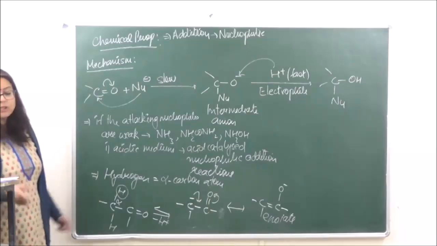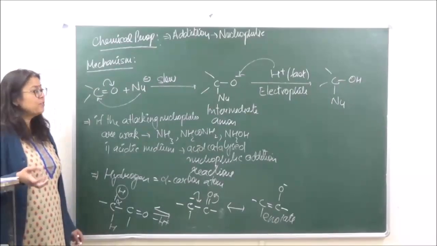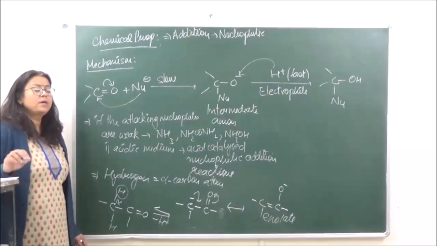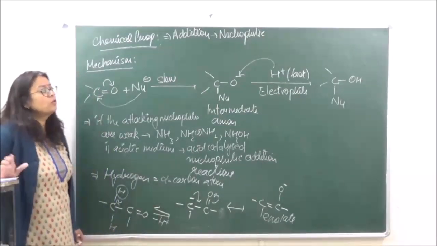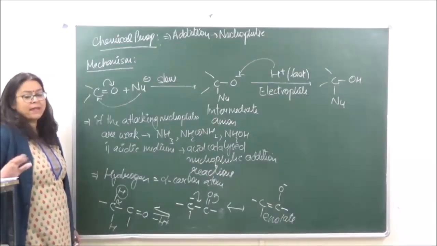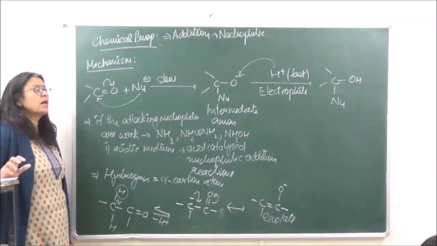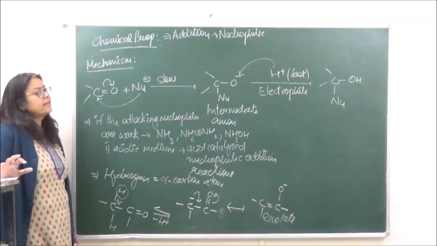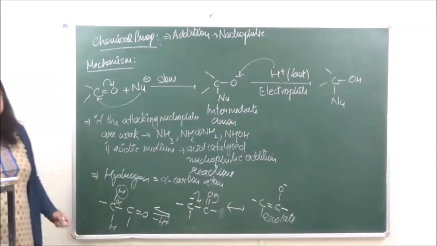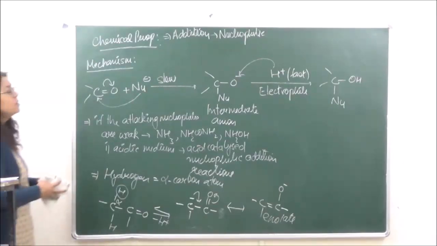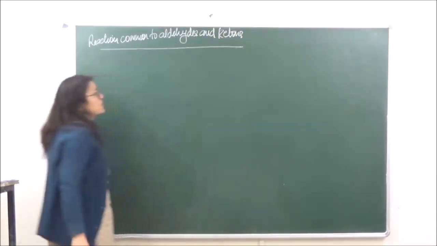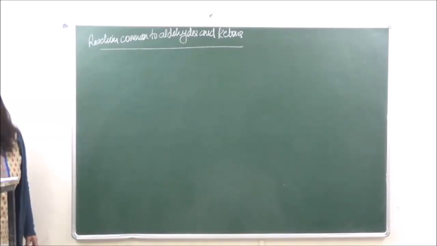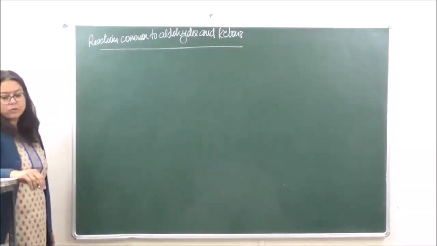Okay, so we are again going to do two types of reactions over here. The first kind of reactions are those common to both aldehydes and ketones, and then we will do those reactions which are dissimilar in aldehydes and ketones. So let's go on to the first type of reactions, common to aldehydes and ketones. So we're discussing these reactions. Over here we are going to do two types of reactions.